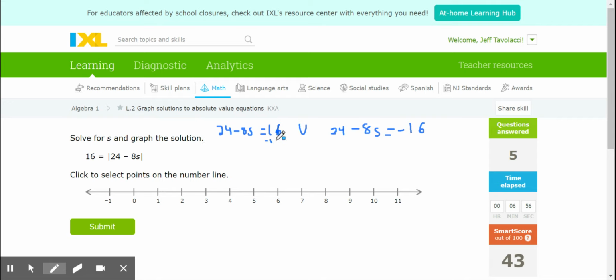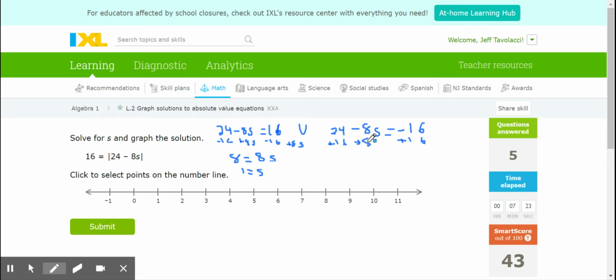I'm going to move things around here. I'm going to subtract 16. I'm going to add the 8s, just because I can. Now 24 minus 16 is going to be 8, is equal to 8s. So s is equal to 1. And over here, I'm going to add 16 to both sides.